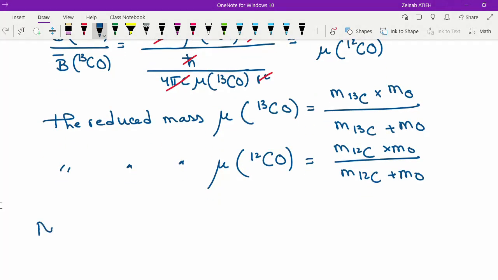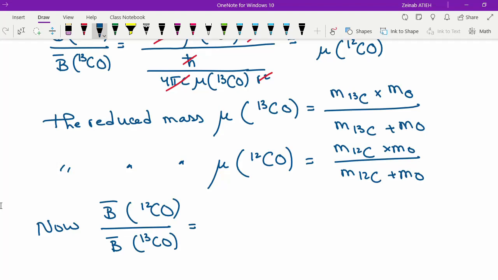So now B bar for C12O over B bar for C13O is equal to, we said, mu C13O over mu C12O.